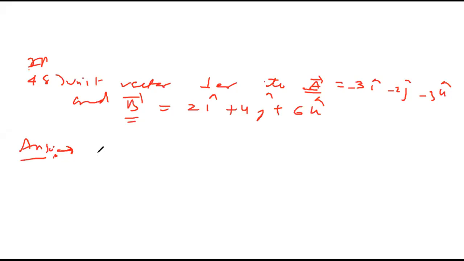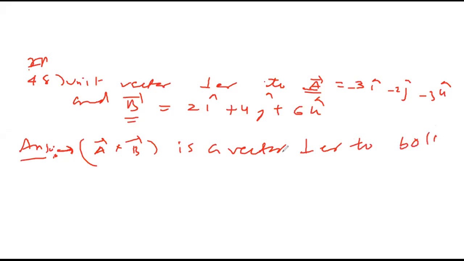A bar cross b bar is a vector perpendicular to both a bar and b bar. So my required unit vector must be along a bar cross b bar, then only it is a unit vector perpendicular to both.